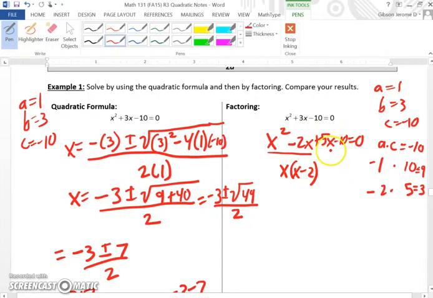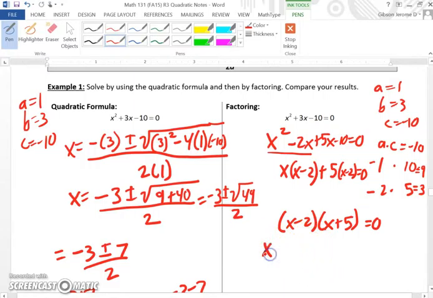We group the second 2 values, we can factor out a positive 5, and we'll have x minus 2, and it equals 0. So now we will have x minus 2 in one parenthesis, x plus 5 in another parenthesis, and that equals 0. We'll set both of these individually equal to 0.